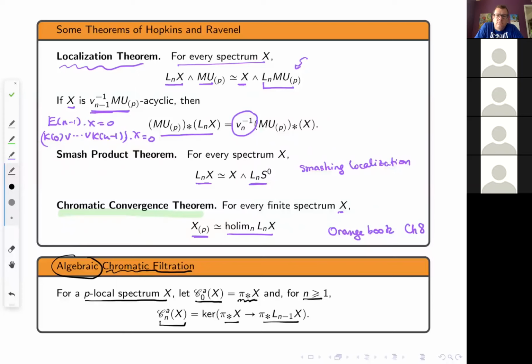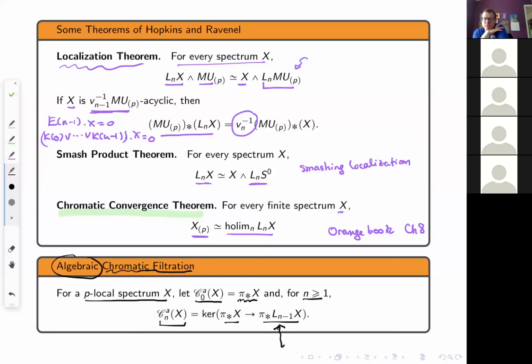Okay. So that's the algebraic filtration. It's defined as it's defined. The question maybe today is, but what is it really like? What does this do? How is it related to inverting Vn minus 1, or how do inverting Vn elements relate to these localizations?